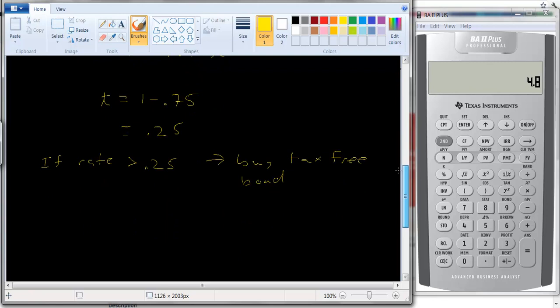And if it's less than that, buy the taxable bond and just pay the tax. So it's quite useful to figure out where you'd be indifferent, and then you would know whether you should buy the taxable bond or the tax-free bond.